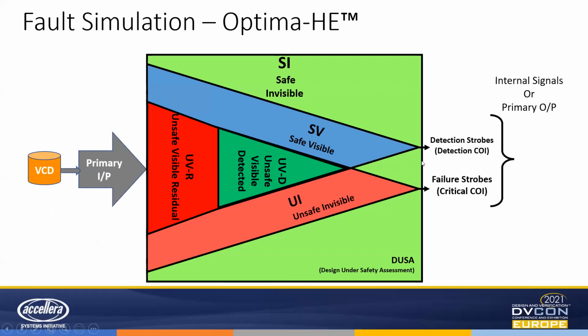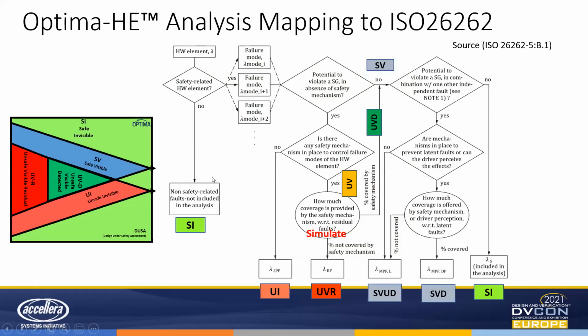So this is the fault simulation for hard error. You have already done the static analysis. Now the requirement is the VCD, which is the use case or the workload, as we call it, and you do the simulation. Once you do the simulation, I'll show the simulation snapshot in the next slide.